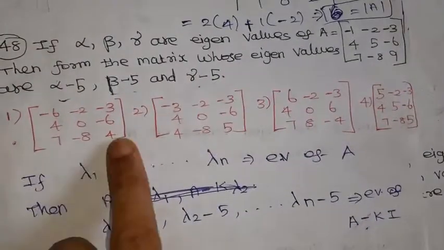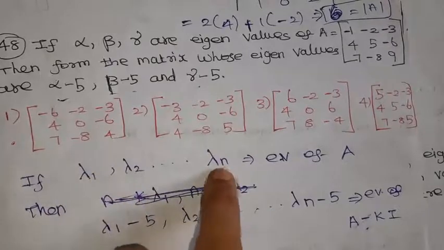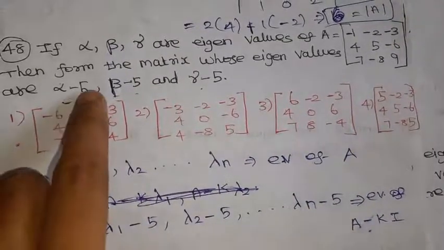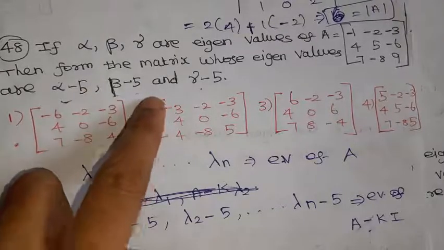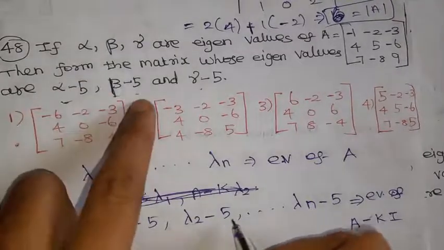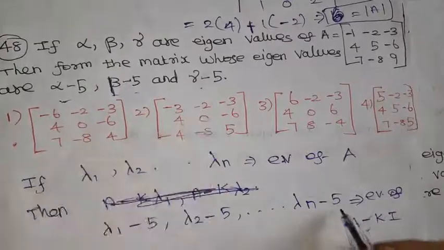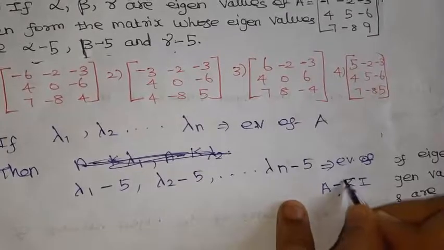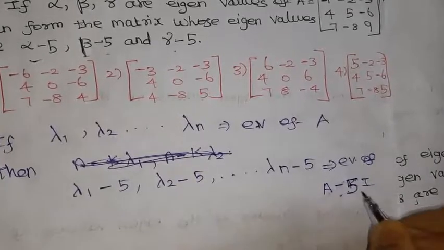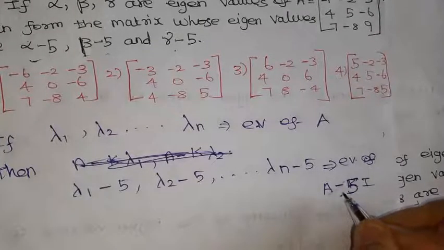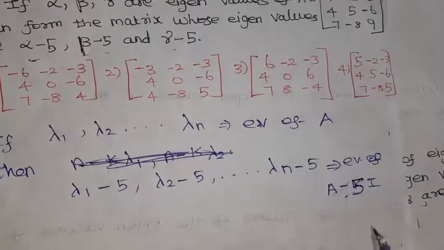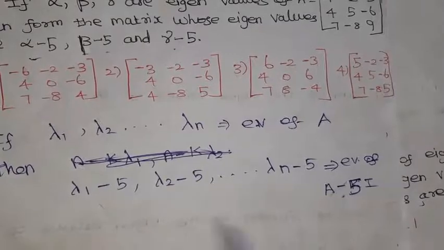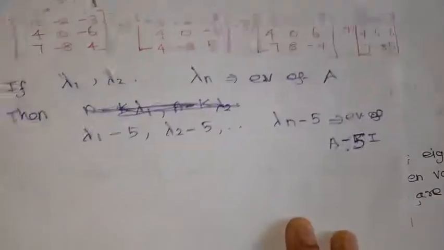So lambda 1 minus 5, lambda 2 minus 5 and gamma minus 5, up to lambda n minus 5, we can write as A minus 5I.